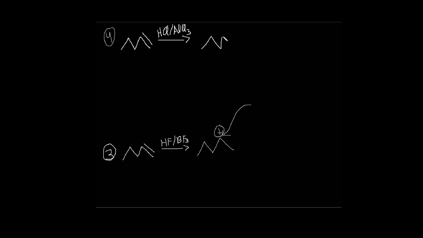You also get the same thing. You get a carbocation here. If you want the mechanism for this reaction, I put it in the description, and you can just click on the link, and there's a link that has pictures of the whole mechanism of this reaction.